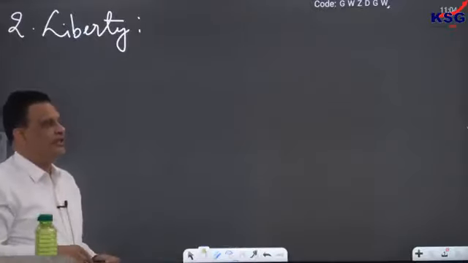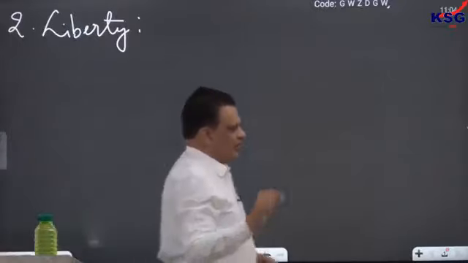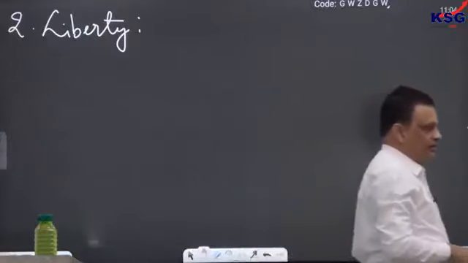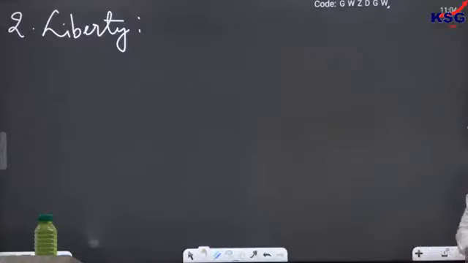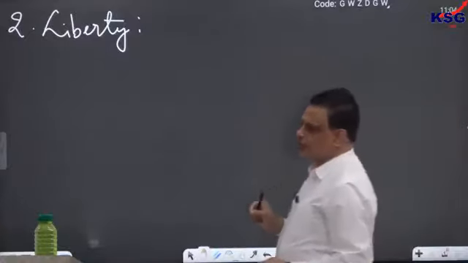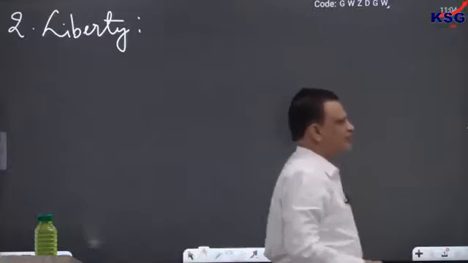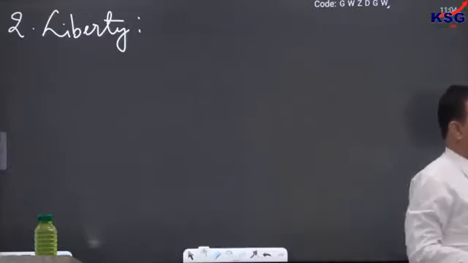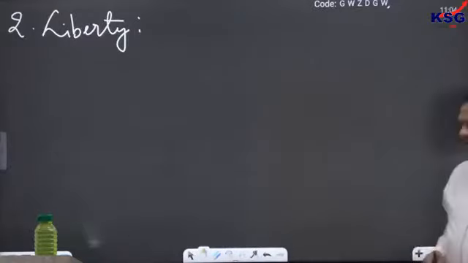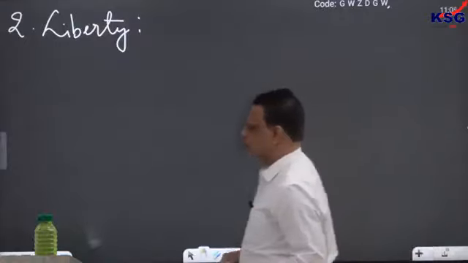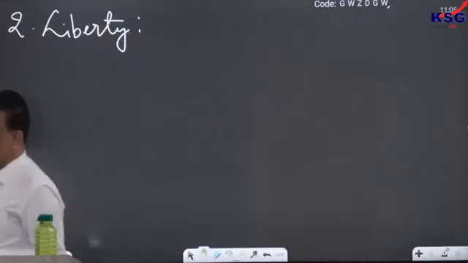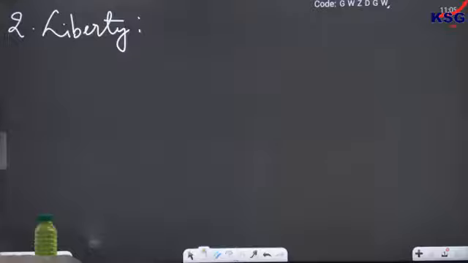So, write down firstly, according to Mill, the most important rule of utilitarianism is the respect for individual liberty.